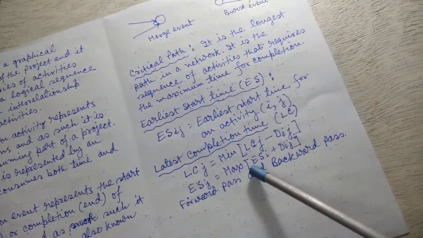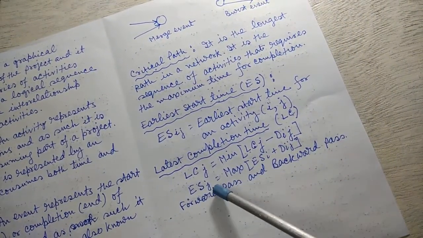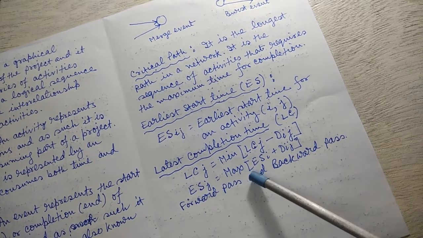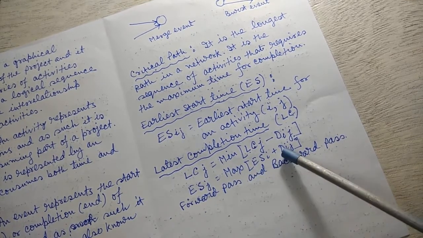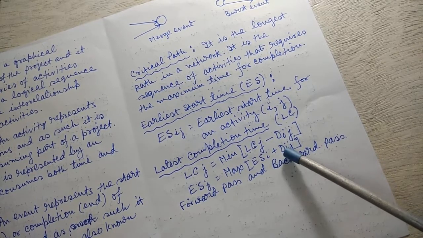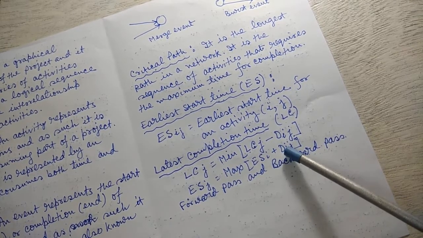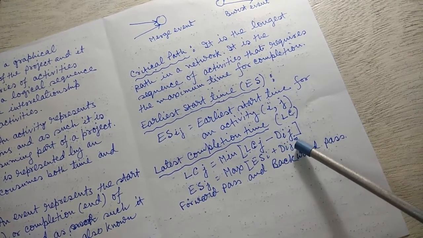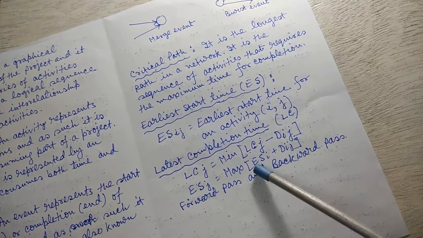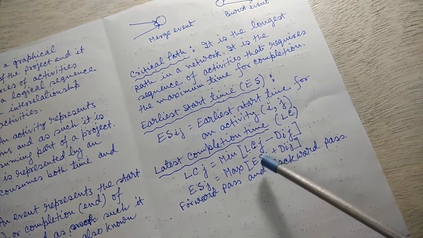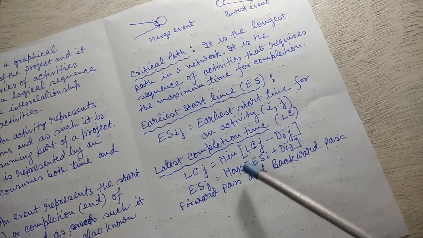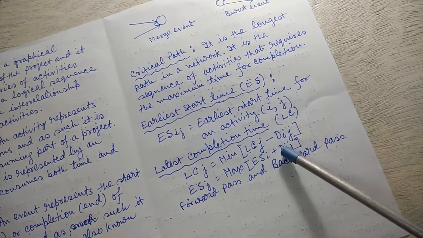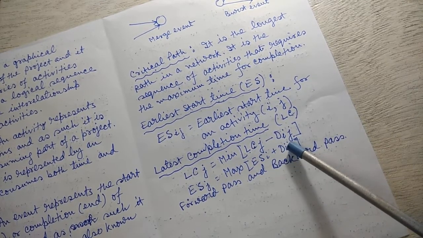The formula is here: ESj equal to max of ESi plus Dij. Dij means the duration of the activity, that is activity time. Dij, and ESi is the earliest start time. So maximum of earliest start time plus duration of the activity.